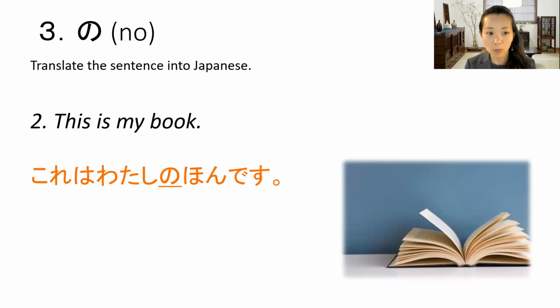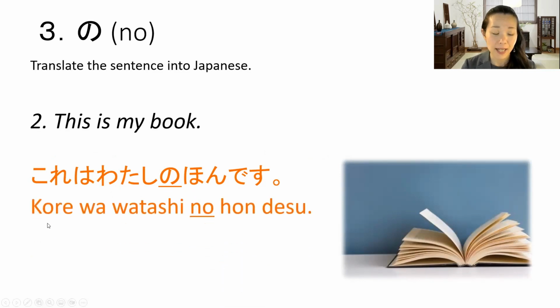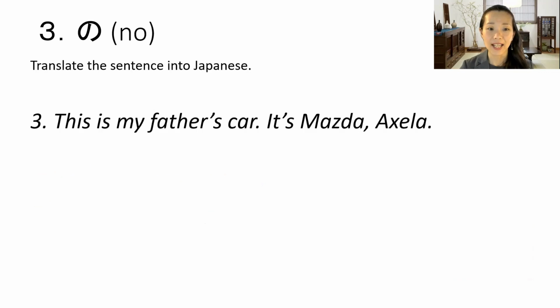So 私の means my. Then 本 is a book. Then we use です at the end of the sentence. Repeat after me. これは私の本です. One more time. これは私の本です.